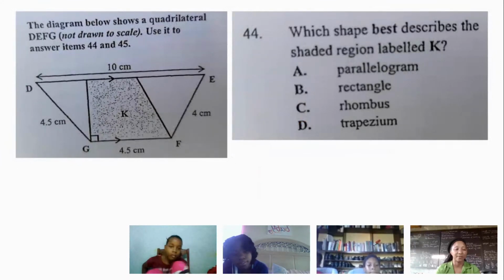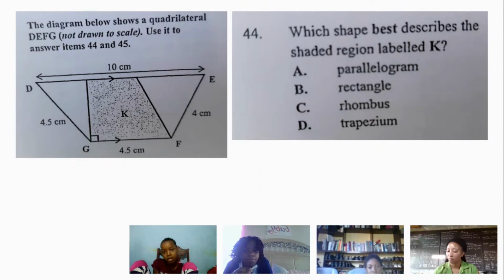Madison, next question. Okay. 44. Which shape best describes the shaded region labeled K? A. Parallelogram. B. Rectangle. C. Rhombus. Or D. Trapezium.